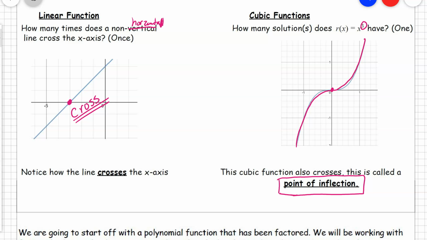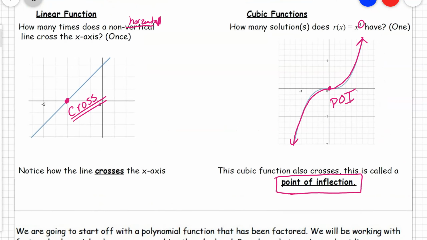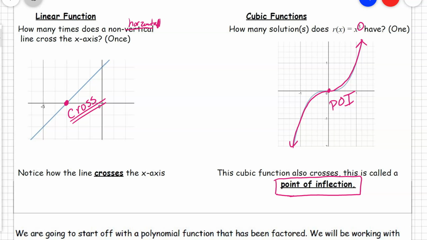So if we were to actually rotate this 180 degrees, it would be symmetric about itself. So this is going to be our point of inflection. And I apologize, I just referred to it as crossing, but it does cross, but it also has a symmetrical kind of way about itself. I am at a loss for words at the moment. All right, so when it's cubic, that would be a point of inflection.